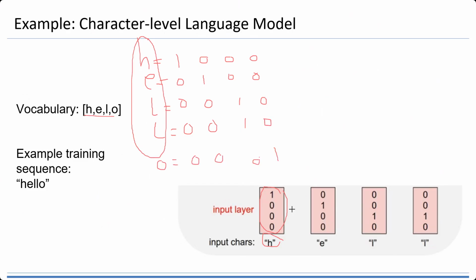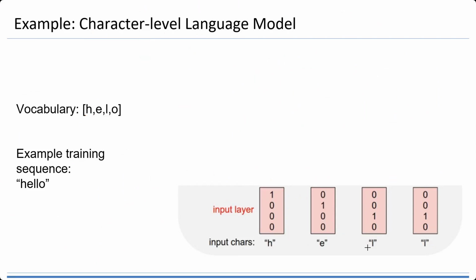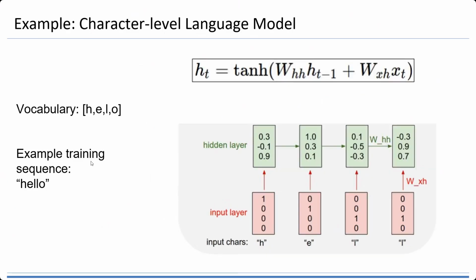In this training set, we want to consider only the 4 characters, and we want to create a model that later can predict the next character. After we have this encoding, we can apply the formula that you learned previously.